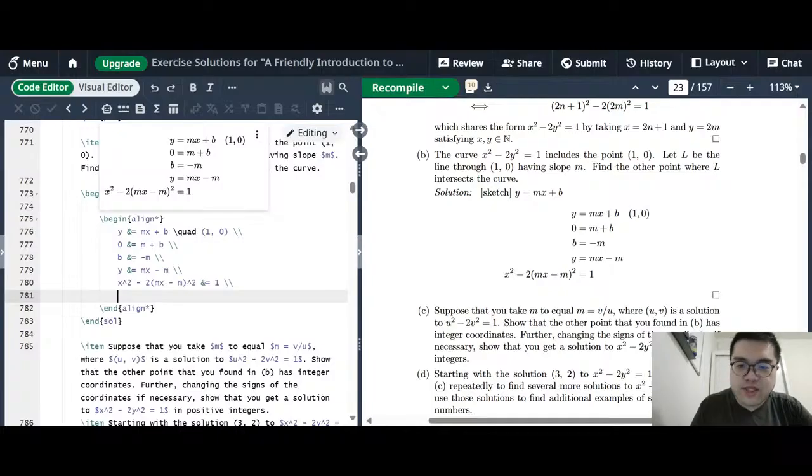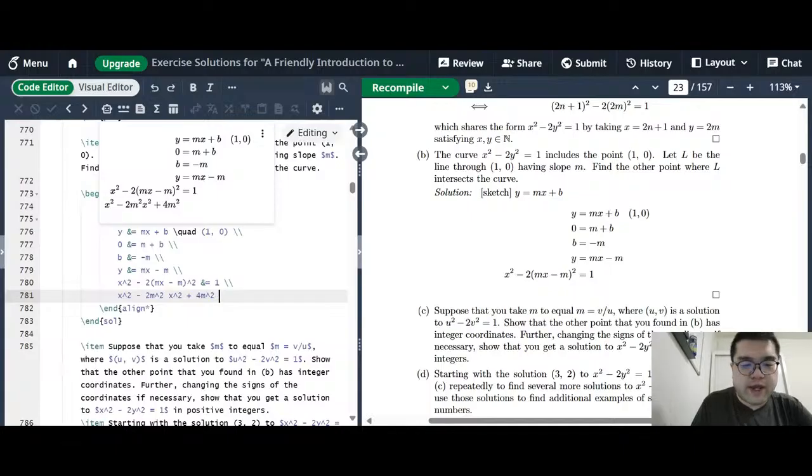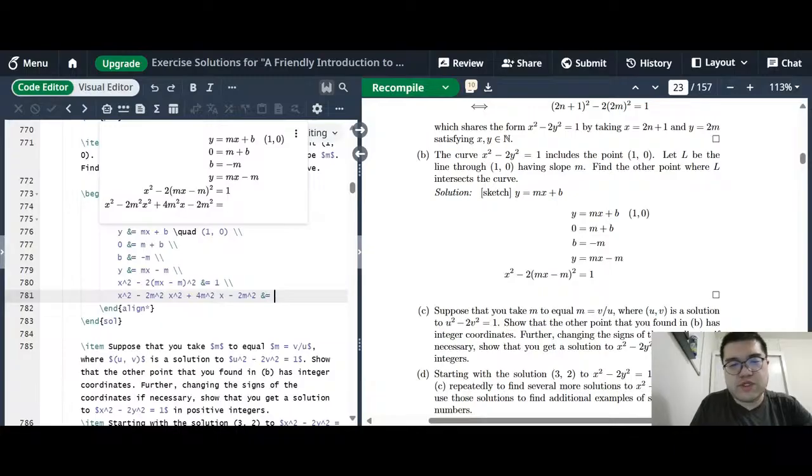Multiplying that out, we end up with x squared minus 2m squared x squared, and then minus times minus turns into a plus 4m squared x, and last but not least, we have minus 2m squared, which is equal to 1.